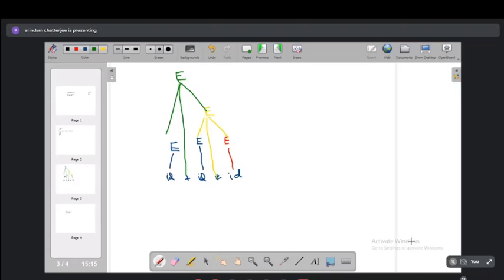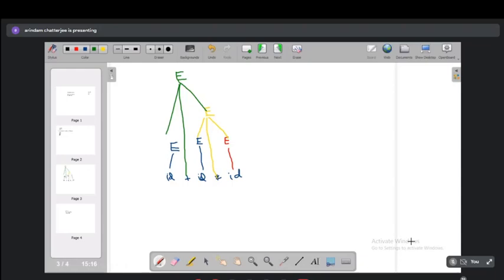But we never dealt with the implementation aspects, like how we identify ID star ID instead of ID plus ID, or instead of E plus E, how we identified E star E. Those things need to be clarified when we talk about implementation of a parsing algorithm. Implementation means computer-based implementation.